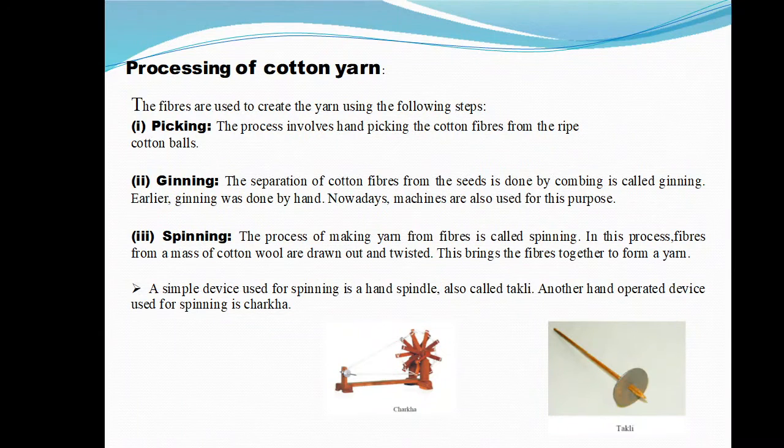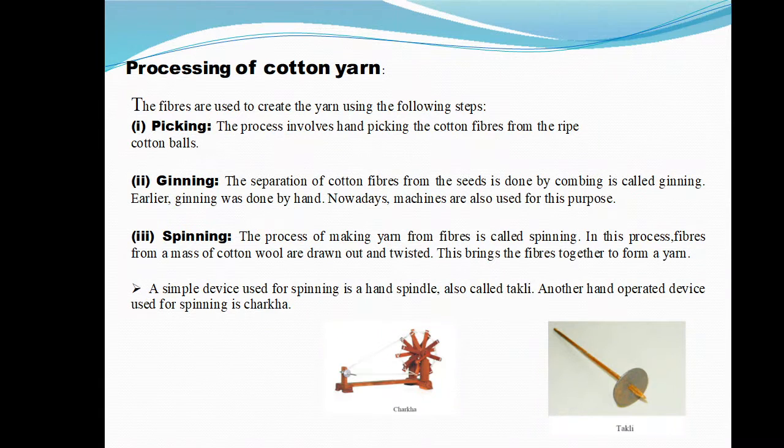The next is ginning. In the ginning process, we basically separate the cotton fibers from the seeds. So now we pick the ball from the field, then we separate out seeds from the fiber. This is called ginning.